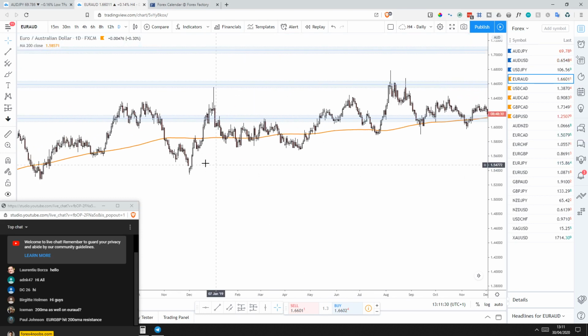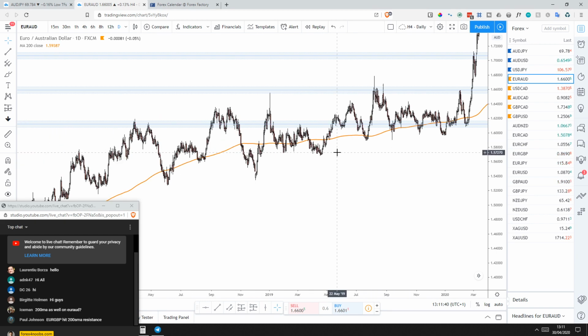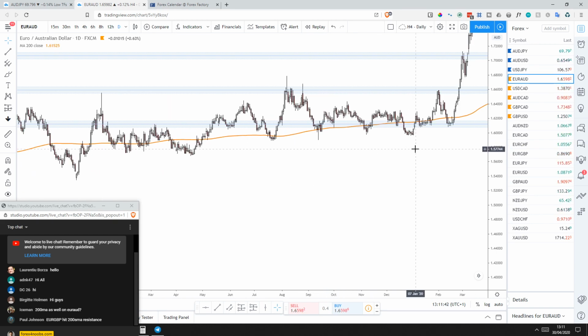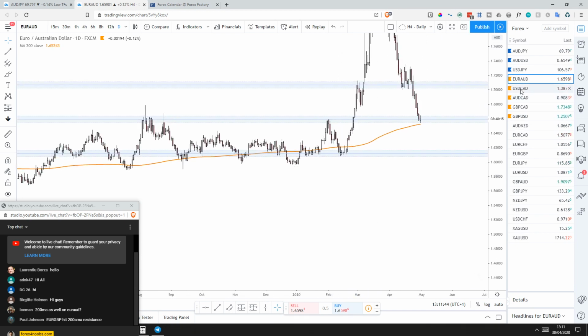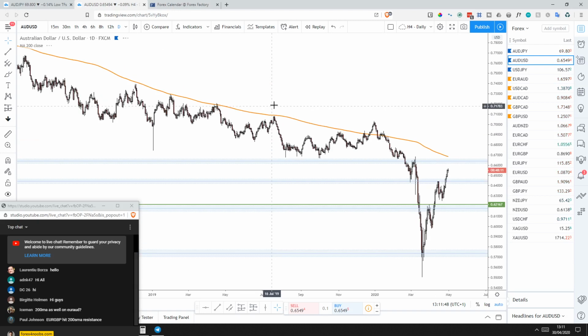And if you're really honest, it almost acts as if it's not there most of the time. So I don't put much stock on it in cross pairs. I find that it works a lot better for the majors, as you see here.